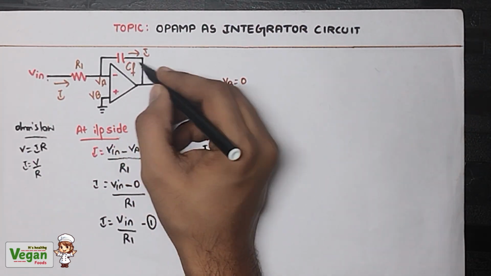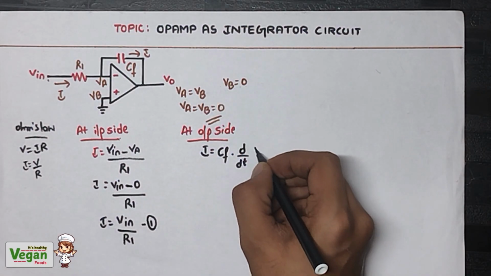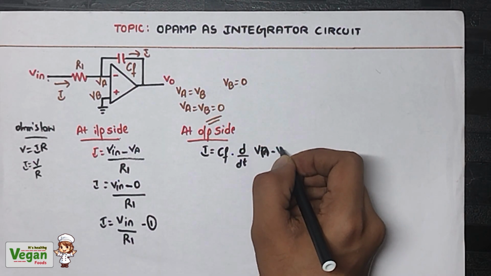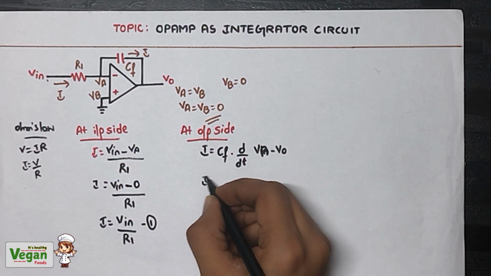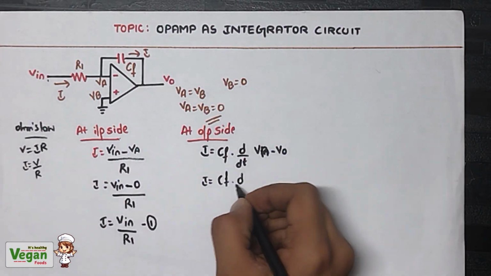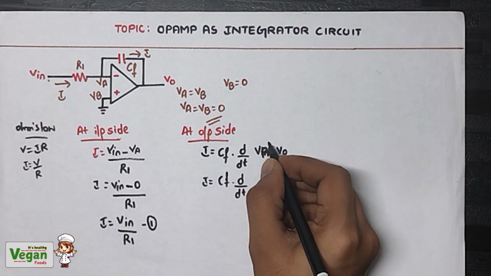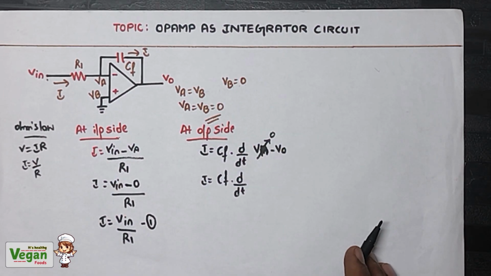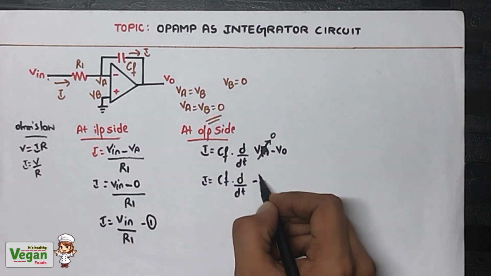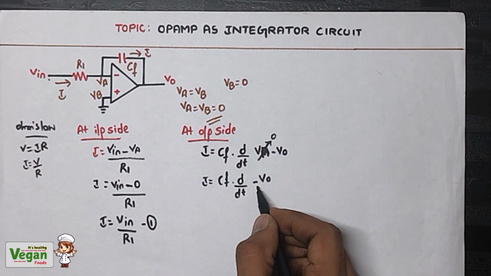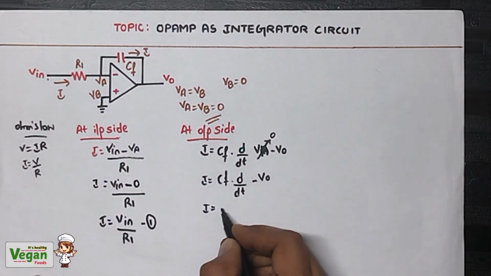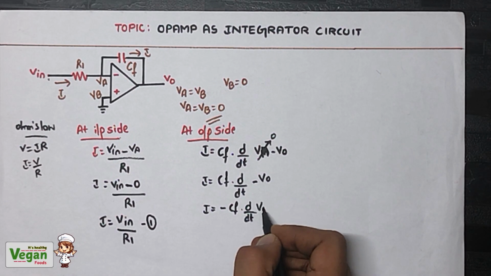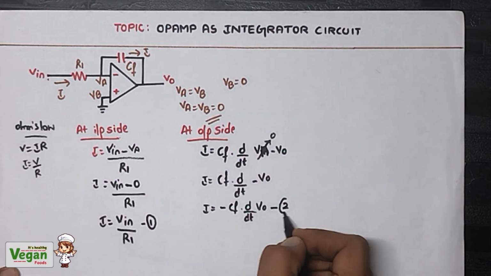Current is flowing from VA towards V0. Therefore VA minus V0. Therefore I is equal to CF into d by dt of, what is the value of VA? VA value is equal to 0 as it is equal to VB. VB is grounded. Therefore minus V0 is left. Minus is constant, take it aside. So minus CF d by dt of V output. Let's call this equation number 2.